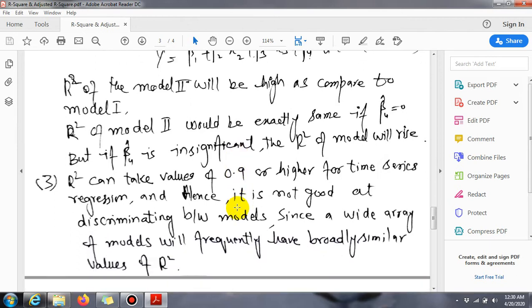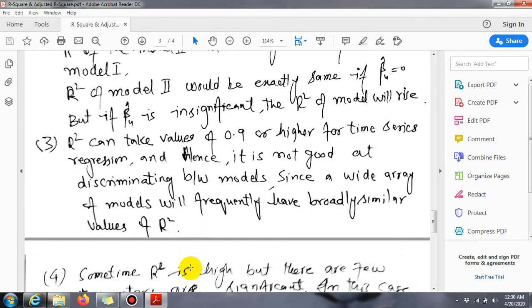Number 4, R square can take a value of 0.9 or higher for time series regression, and hence it is not good at discriminating between the models, since a wide array of models will frequently have broadly similar values of R square.